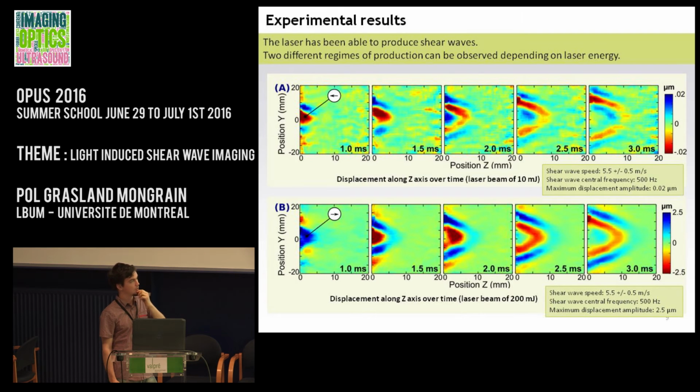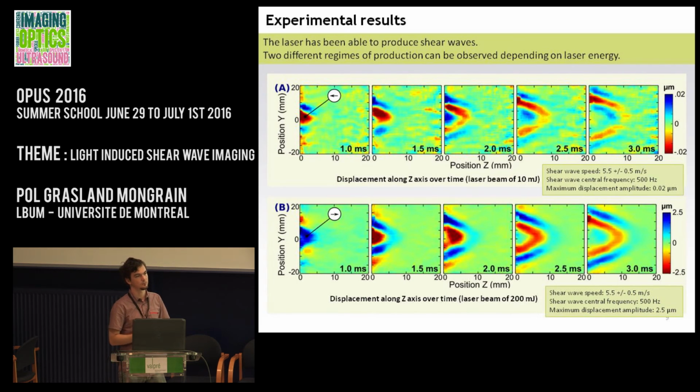Okay, so the frequency or the wavelength of the acoustic wave you generate is imposed by the focusing of the laser. Yeah, in fact, I didn't explain why we have exactly this central frequency of 500 Hz. I'm not sure for now what gives the frequency of the shear wave. I thought it was due to propagation of the heat inside the medium, but I'm not really sure. It might be due to the size of the laser.